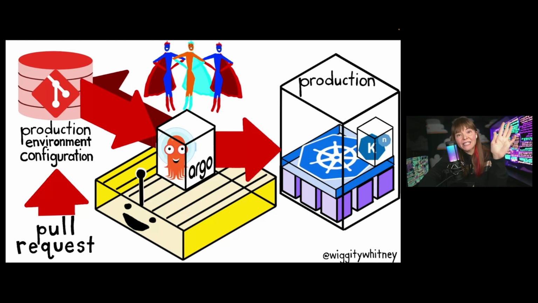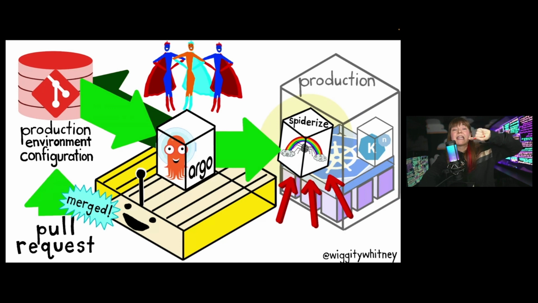And then the platform should validate these changes and only promote them if all the automated tests are green. So once the changes are promoted and the code in the Git repository changes, then your GitOps tool is going to see those changes and then automatically sync what's changed to your production environment.